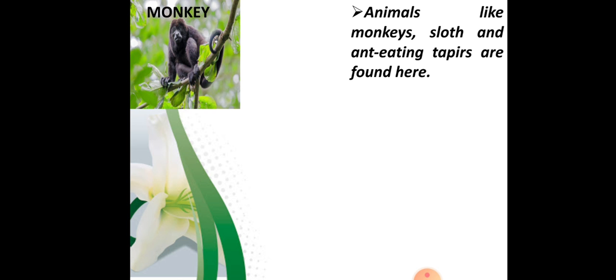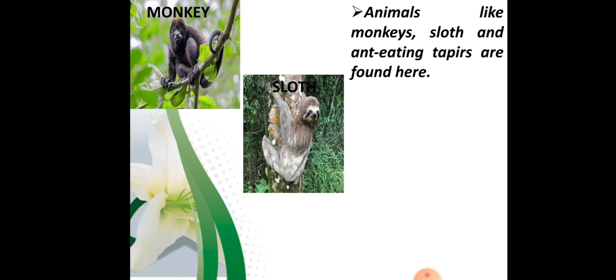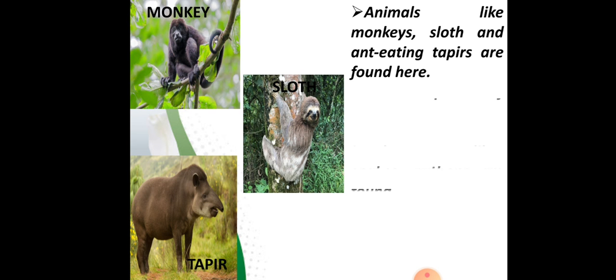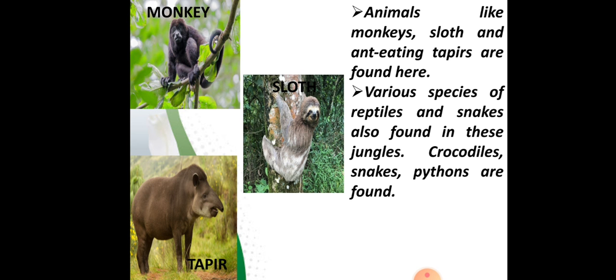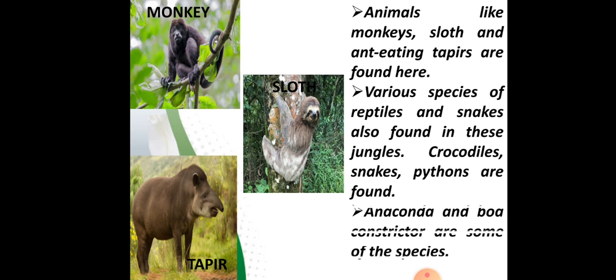Apart from birds, the common animals found here are monkey, sloth, and ant-eating tapir. Various species of reptiles and snakes are also found in these jungles. Crocodiles, snakes, and pythons are also found here. Apart from that, anaconda and boa constrictor are some of the species found in this forest.